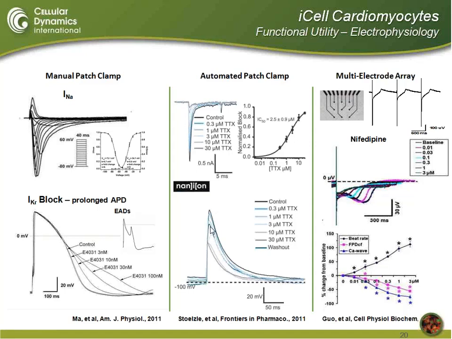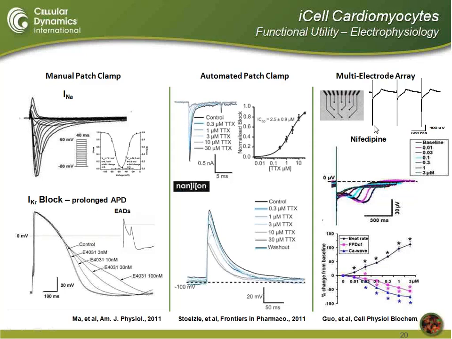You can use the iCell cardiomyocytes and look at a specific ion channel in the individual channel recordings, or you can look at the action potential and see the interplay of all the major ion channels. It offers one cell type as one model for all the different ion channels, instead of trying to translate your data across different cell models.